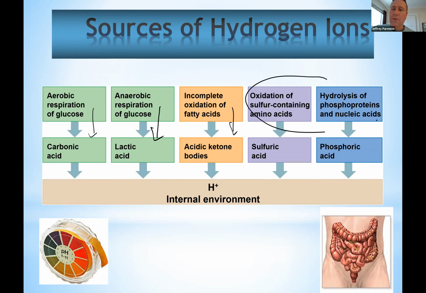And if you're breaking down proteins, remember some amino acids have sulfur and phosphates, so you're going to have sulfuric and phosphoric acid coming off. All these things contribute to making us kind of acidic. But remember, I told you our pH is 7.35 to 7.45. That's slightly basic, so clearly we're getting rid of some of these acids. We're getting rid of those excess hydrogen ions to keep ourselves a little bit basic.